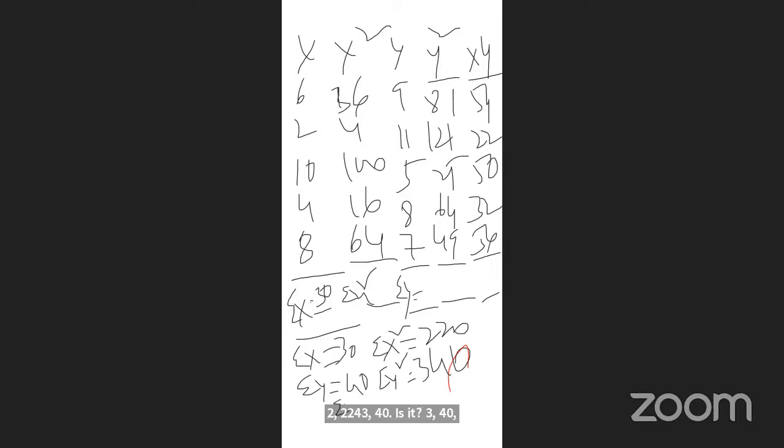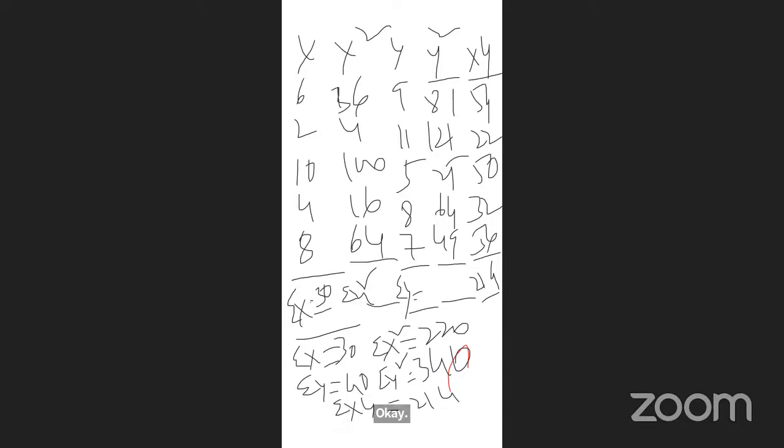Now sigma XY is equal to 54, 22, 50, 32 and 56. The total is 214. Right? Yes, ma'am. Okay.